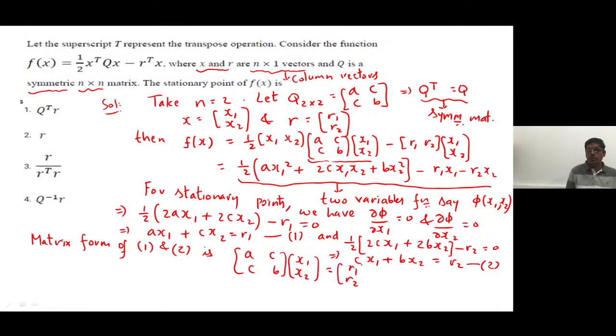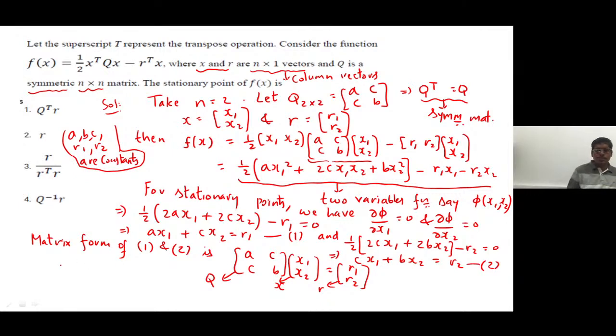This looks like non-homogeneous equations, Ax equal to B. So this matrix is Q, this is small x, the column vector, and this is small r. Please assume here A, B, C, R1, R2 are all constants. So finally we got Qx is equal to r.